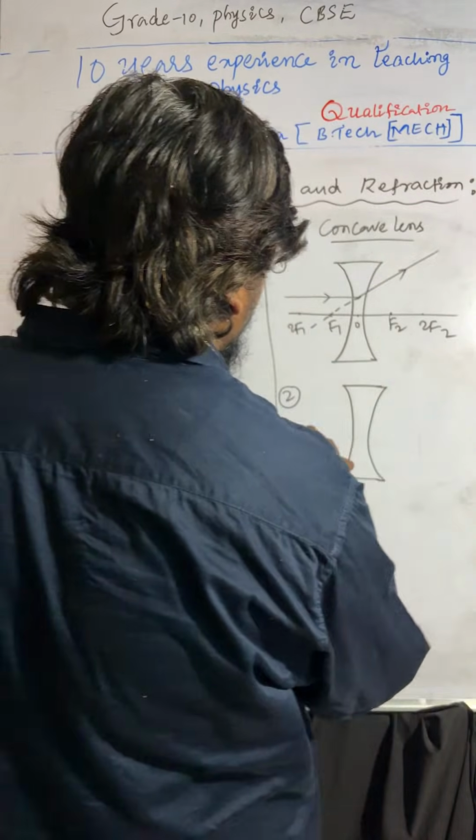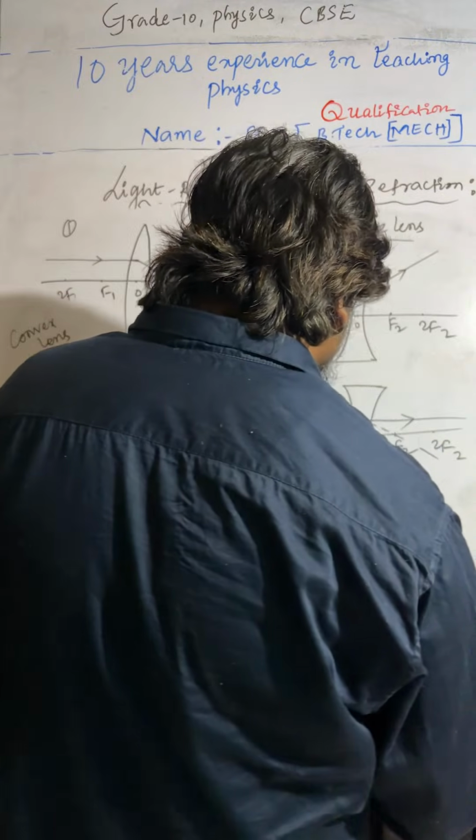Coming to the next one. Here you can observe optic center, F1, 2F1, F2, 2F2. If the light ray is passing towards F2, it will move. And coming to the third one: optic center, F1, 2F1, F2, 2F2.